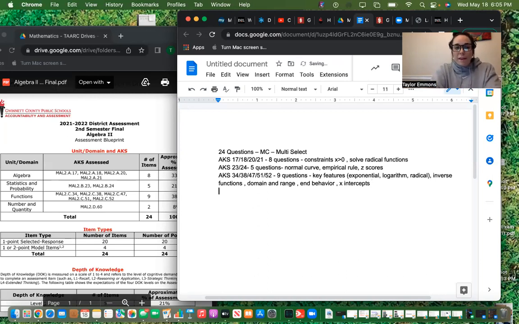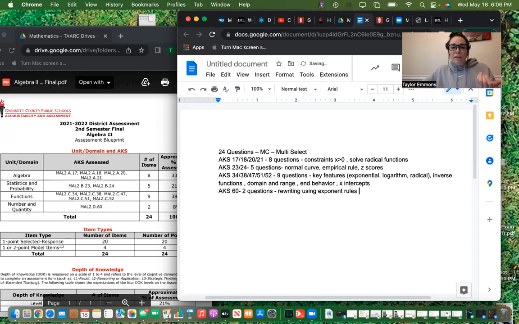And then AKS 60 is probably y'all's least favorite. There are only 2 questions on this, but they're kind of big, because this deals with rewriting using exponent rules.